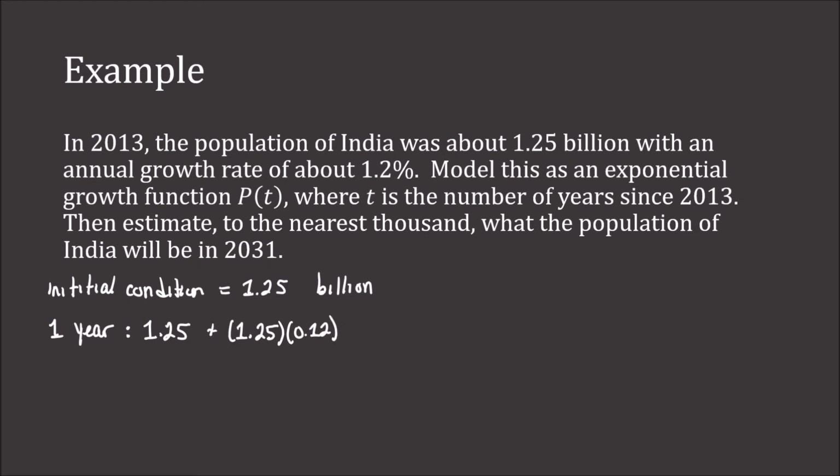I'm sorry, it's not 12%, it's 1.2%. My apologies. So we get 1.012 times the initial condition, call it P naught. So I'm going to replace this now with P naught, and I'll replace this here with P naught.